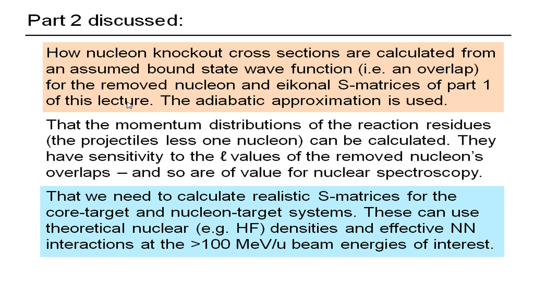The final thing was that unfortunately for many of the systems that we're interested in, we can't look up optical model parameters, and so if we're going to generate realistic S matrices for oxygen-22 and carbon-12, I need to build in the proper sizes of these nuclei.